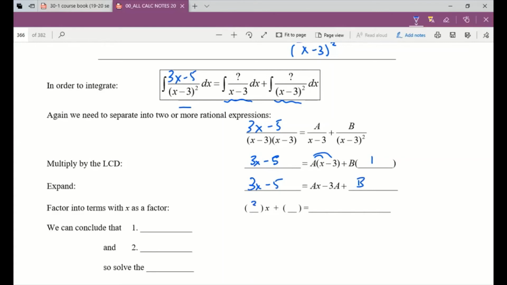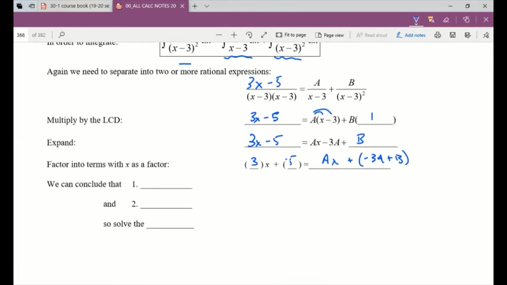And so what we have is 3x plus negative 5 is equal to, let's group our terms together. Our x term is just ax, and our constant term ends up being plus negative 3a plus b. So we can conclude that, well, let's look at our x terms, really pretty straightforward.